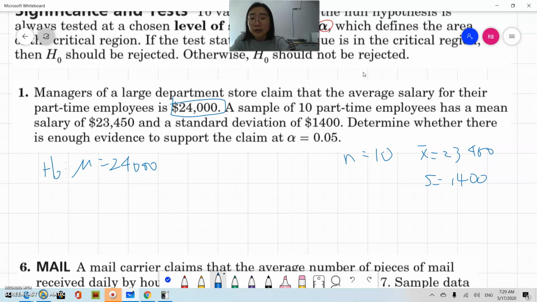And it gives you an alpha value, 0.05, because those are the setups, so you have to have them before you conduct the test. And they don't say whether they think it's greater or less than. That means that my alternative hypothesis is that it's just not equal to 24,000.